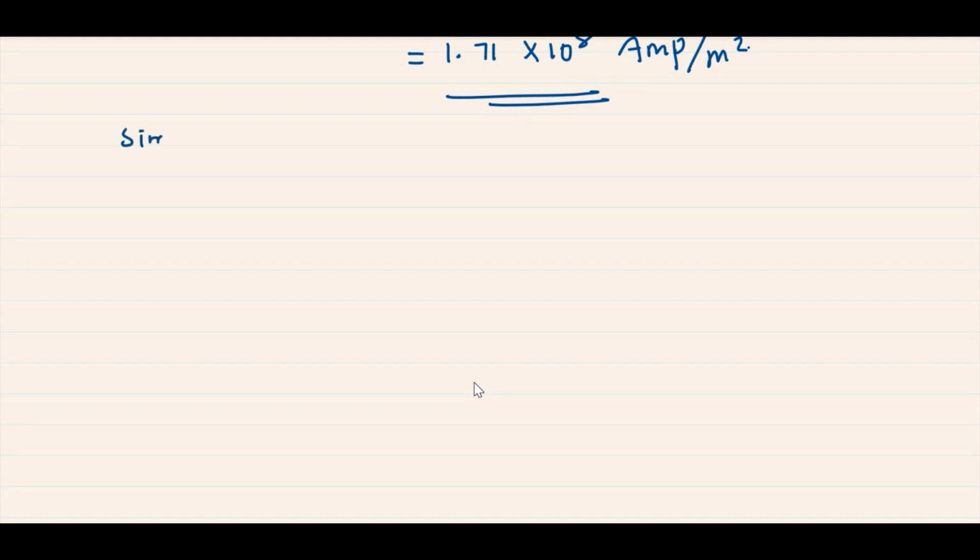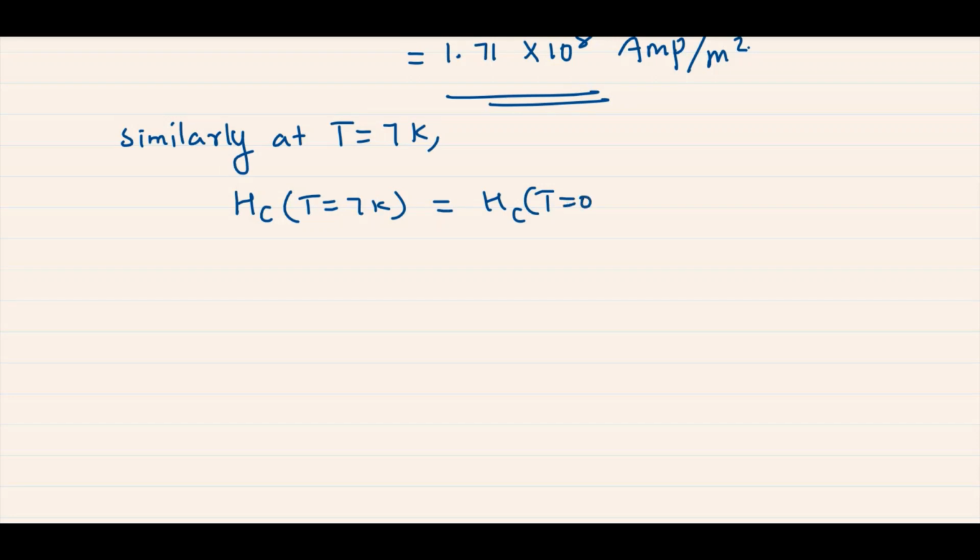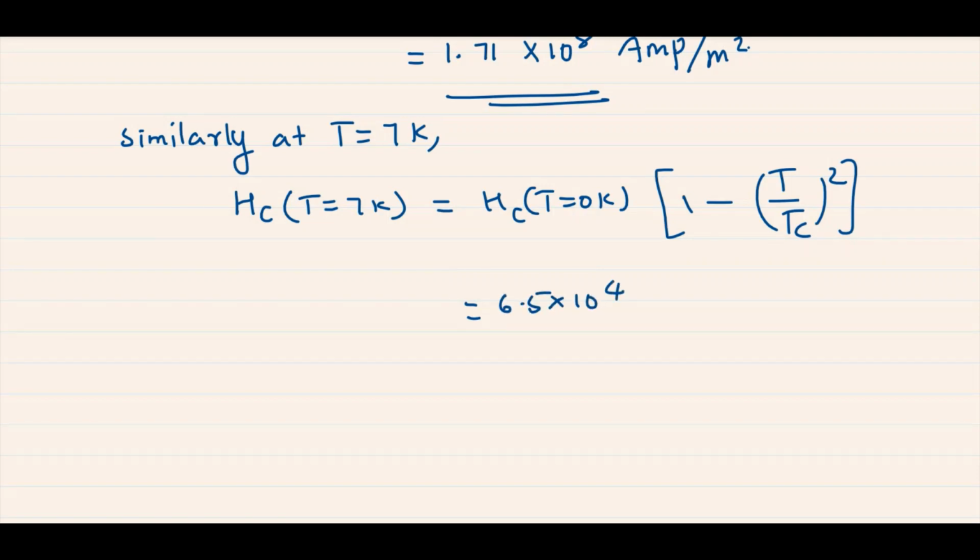Similarly, at T equal to 7 Kelvin, first we need to find Hc at T equal to 7 Kelvin. For that, Hc of T equals Hc of 0 into 1 minus T by Tc the whole square. Okay, Hc of 0 is 6.5 into 10 power 4, into 1 minus T, which is 7, over Tc, which is 7.2, whole square.